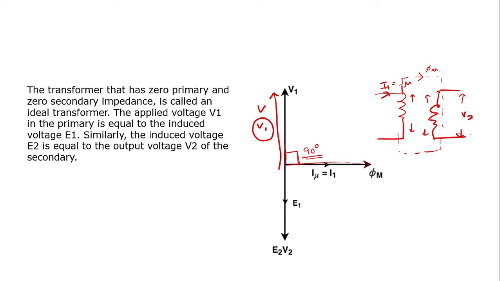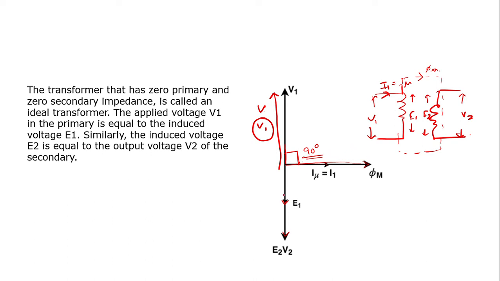This is V2, this is E2, and this is E1. So these are all less than the primary voltage or the supplied voltage, right? So all the others are represented on an axis which is 180 degrees apart from the primary voltage phasor.